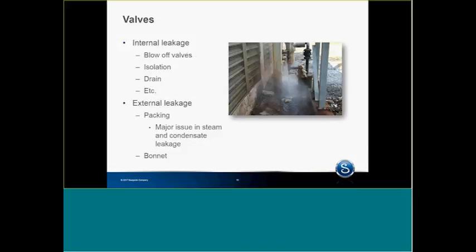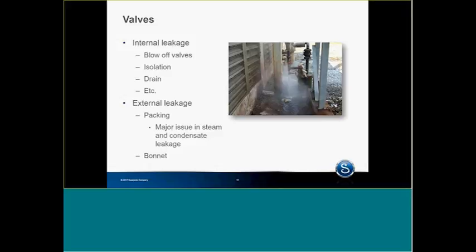Then we get to talking about valves, internal leakage. And valves, out there in the system, we use them as blow-off valves on steam lines, condensate headers, isolation, drain valves, a multitude of different applications. And we get internal leakage. As you can see in the picture, this valve is in the closed position, and it's been leaking, and the wire draw just totally destroyed the internals.